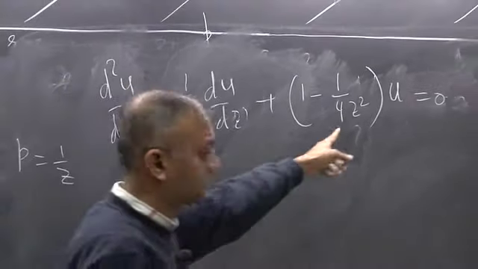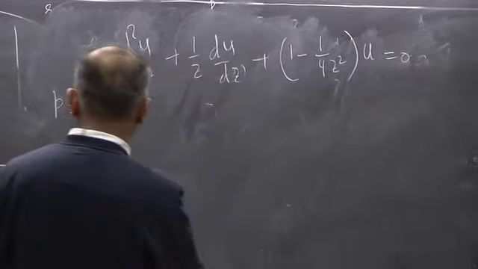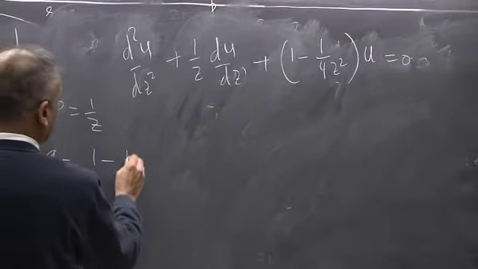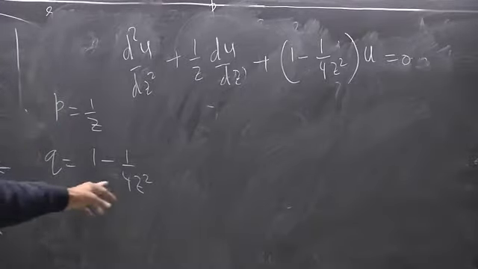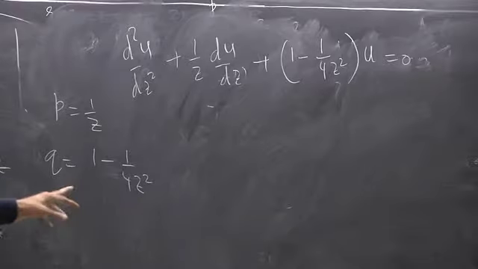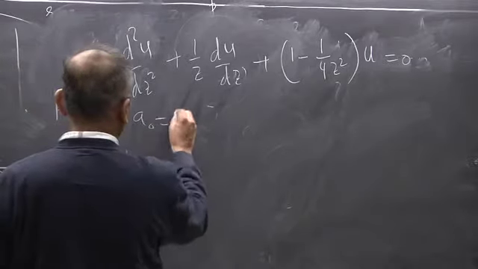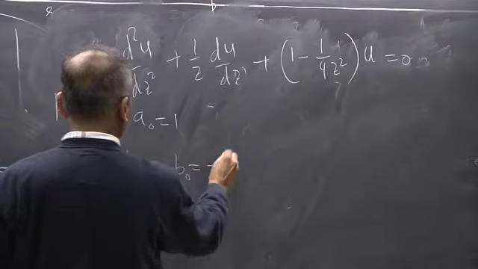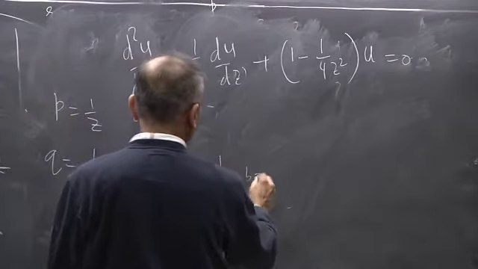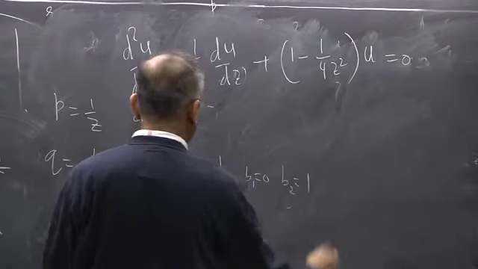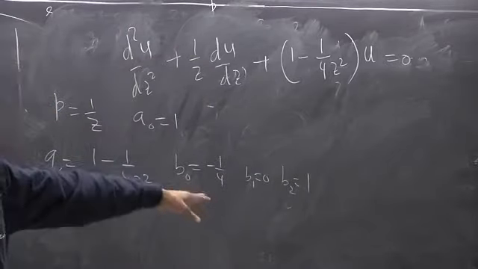First order pole here and second order pole there. And q is 1 minus 1 over 4 z square. So in this expansion, p has only one term and q has only two terms. So a0 is 1, and b0 is minus 1/4, and b1 is 0, and b2 is 1. Everything else is 0, right?